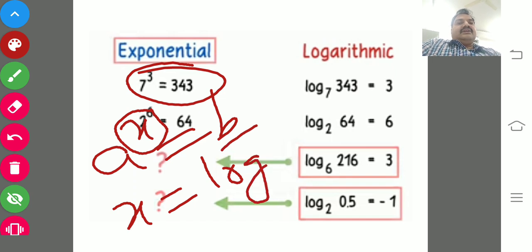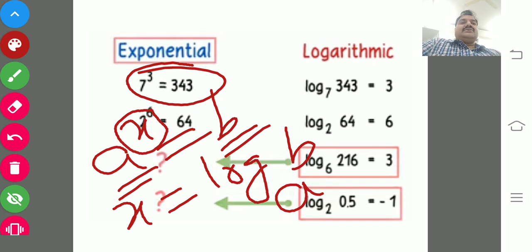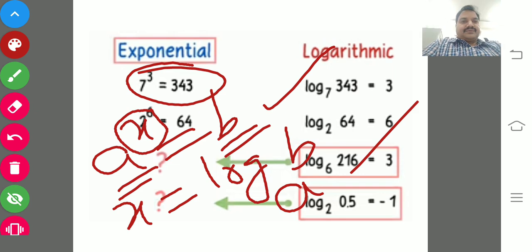And the a should be written here. So I could conclude from these examples, a power x equal to b, then x equal to log b base a. Am I right, children?